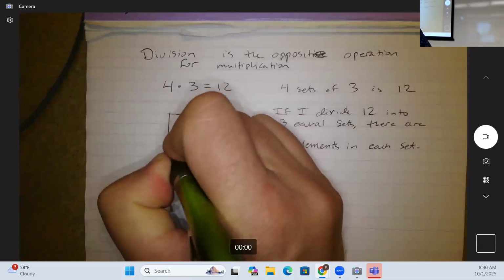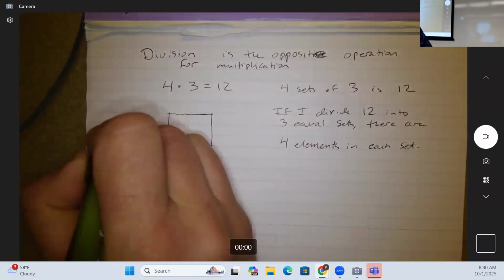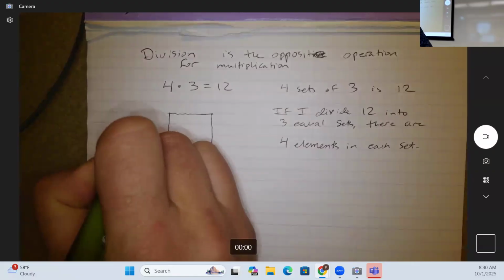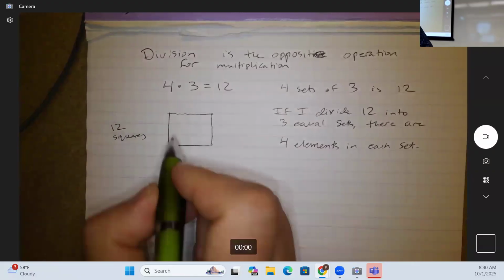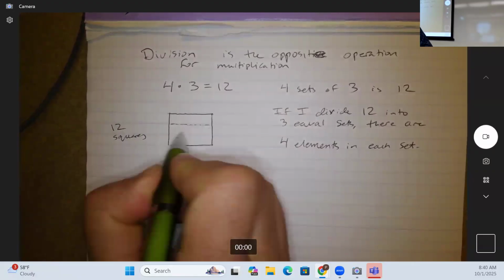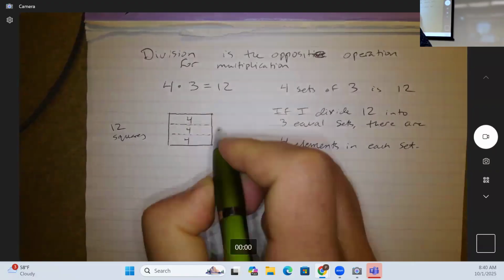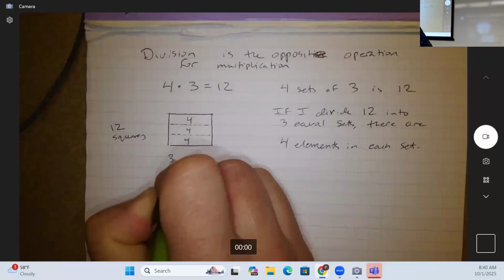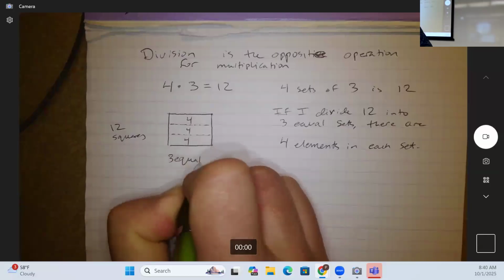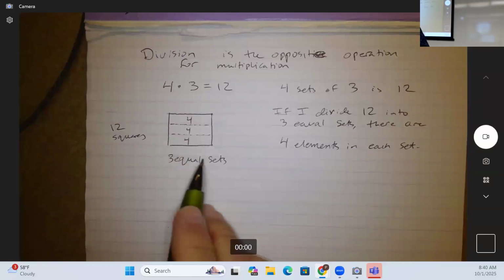Here's 12 squares. And if I divide that 12 into 3 equal sets, there are 3 equal sets. Each set has 4 elements.